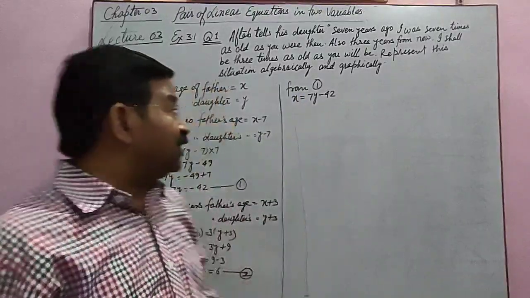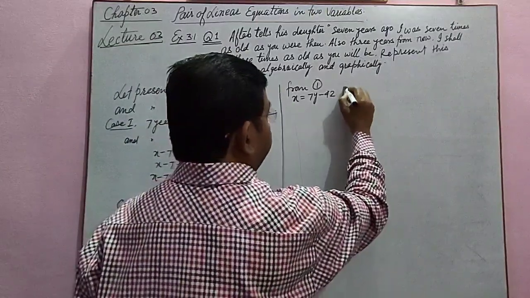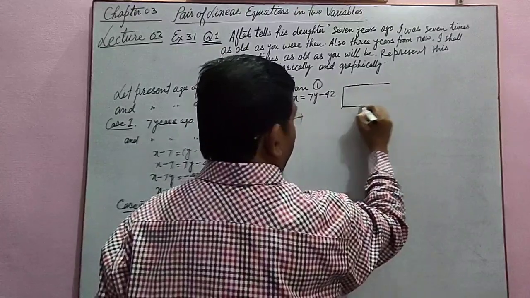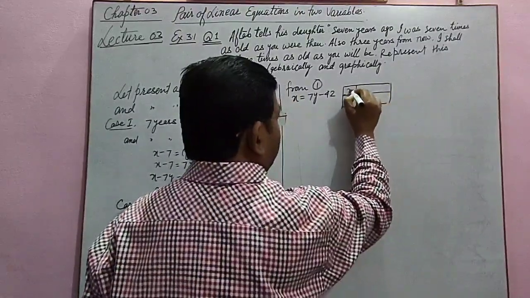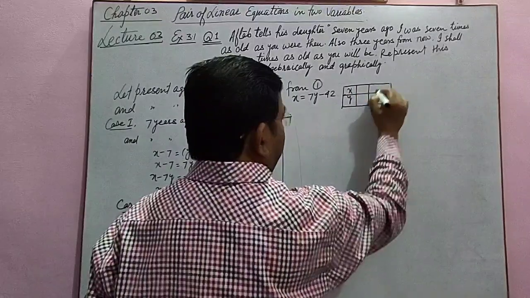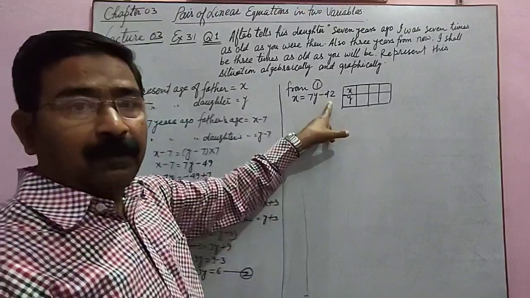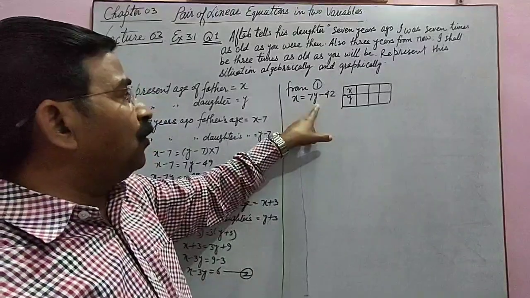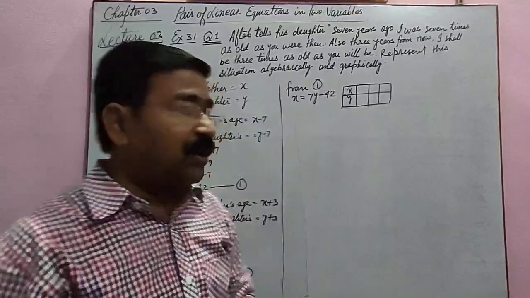Now see, I am making a table here for at least 3 values, and try to get whole numbers for x and y. Since this is a negative number, put the value of y positive, so that negative and positive give a smaller number.